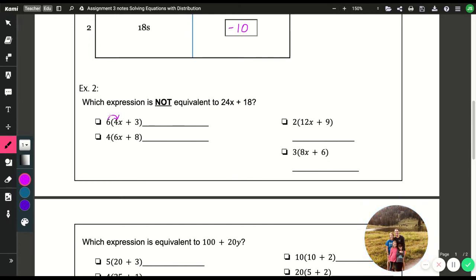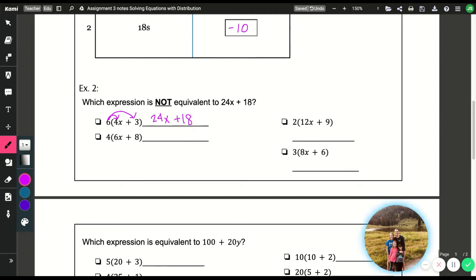So we're going to distribute this 6 in. We're going to multiply it by the first term. 6 times 4 is 24, and it has the x. And then we're going to distribute it to the second term, or multiply it by the second term. 6 times 3 is 18, and then we add those together.